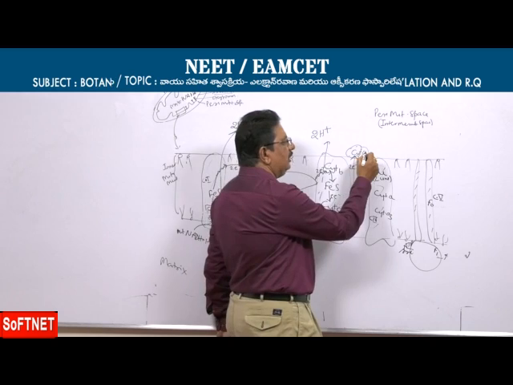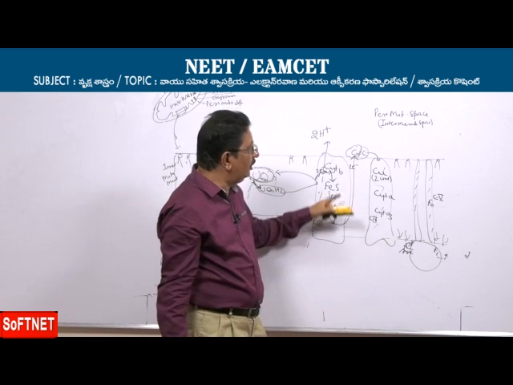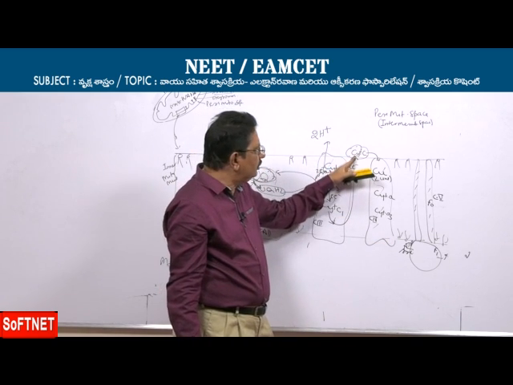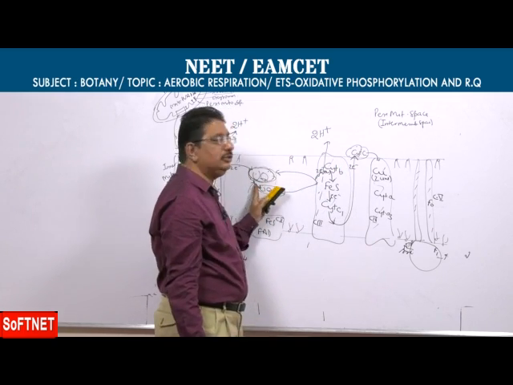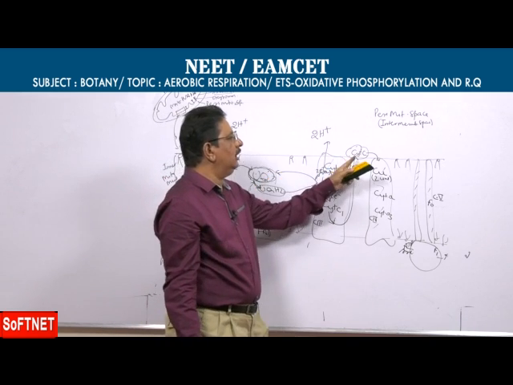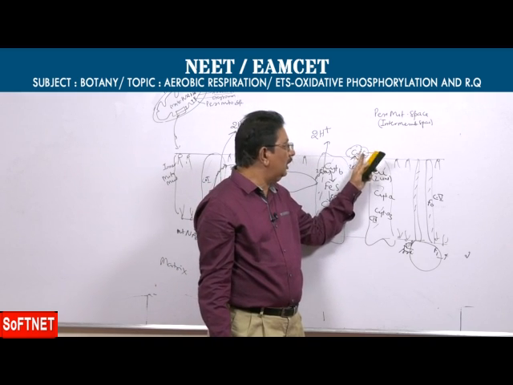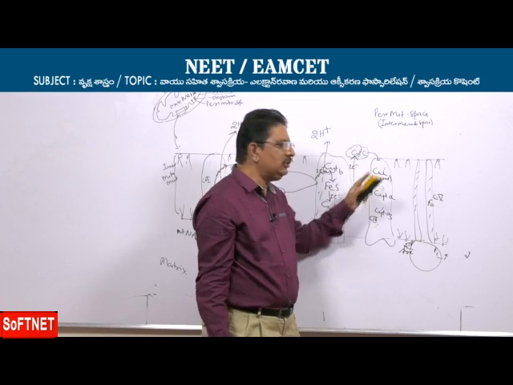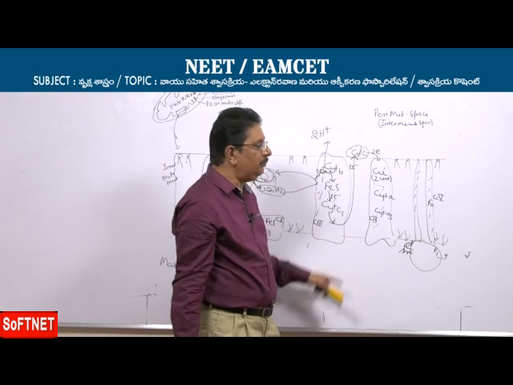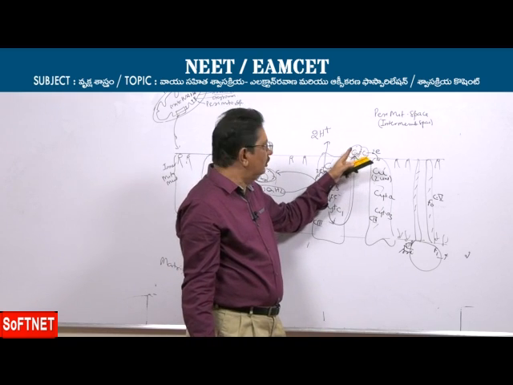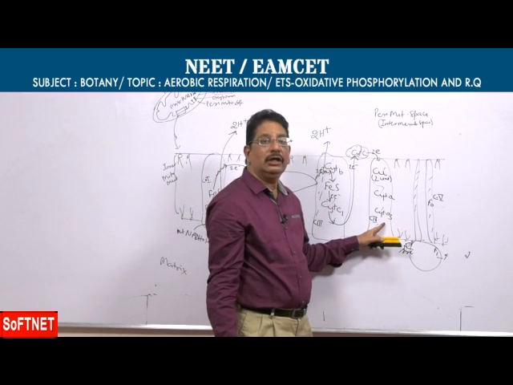The reduced cytochrome C, which is located on the outer surface of the inner membrane, is a mobile one just like UQ, but UQ is an embedded protein. Cytochrome C is a surface or peripheral electron carrier, and it transfers the electrons to complex 4 and becomes oxidized. So, it is reduced by complex 3 and it is oxidized by complex 4.